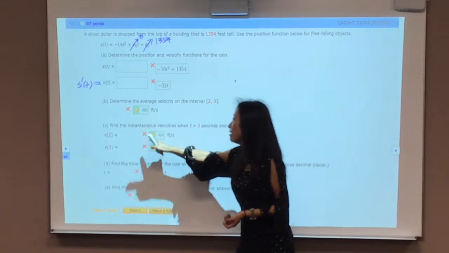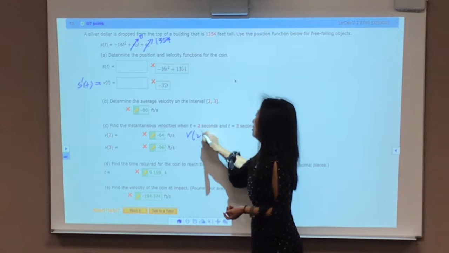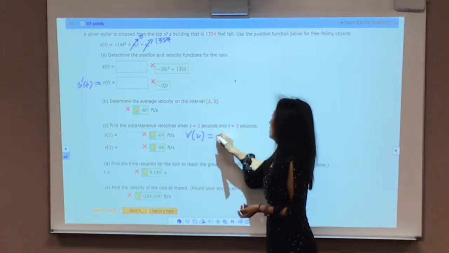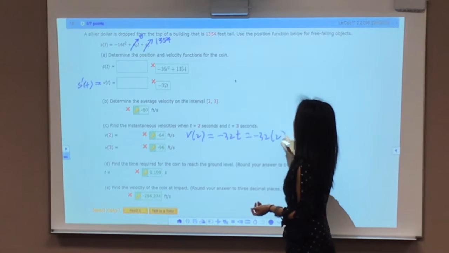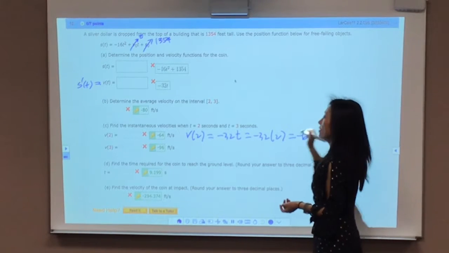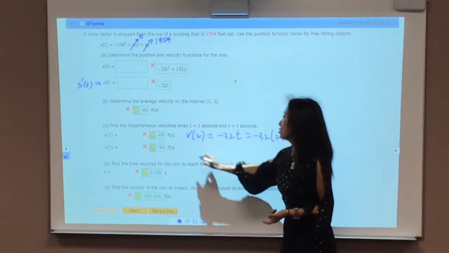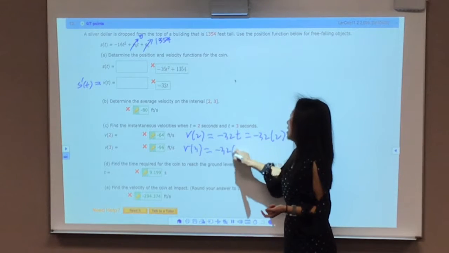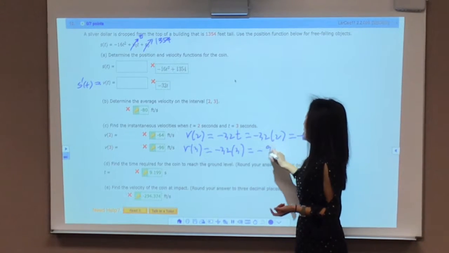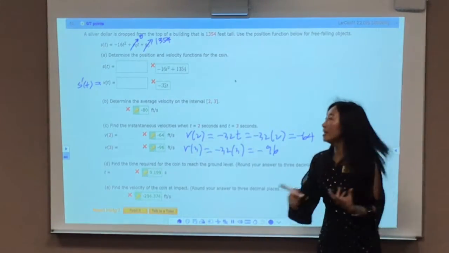So over here, velocity at time equal to 2, V of 2, I have negative 32t, which is negative 32 times 2 gives you negative 64. So that's why you have negative 64 feet per second. What's next one? V of 3 means negative 32 times 3, which gives you 96. That's why you have negative 96. So I already did my C.